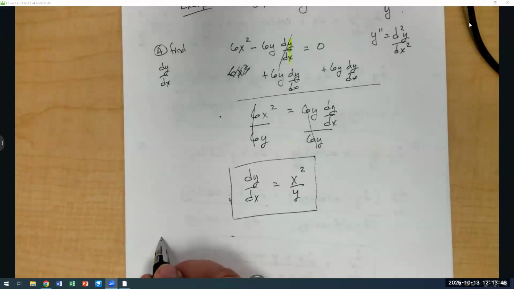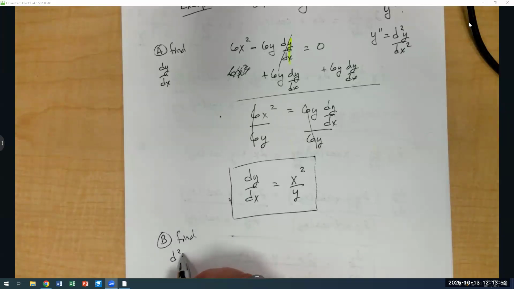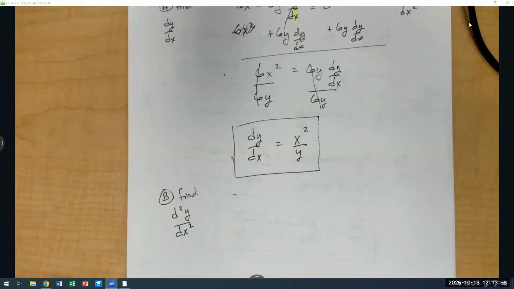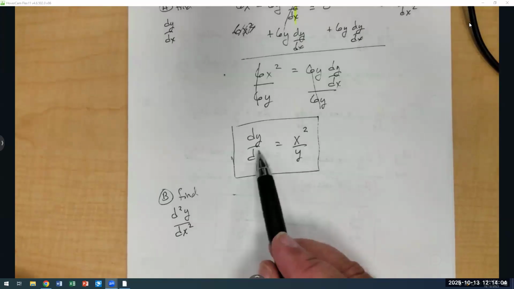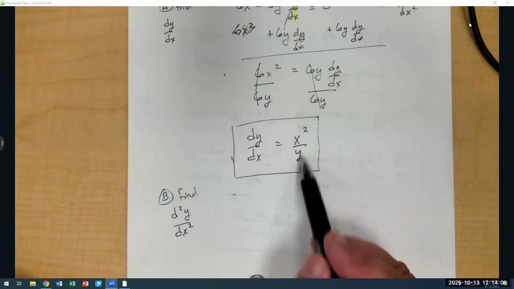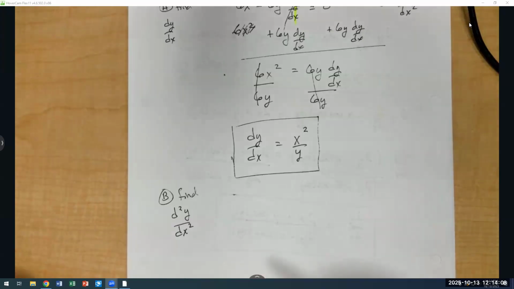Now for part B, phase two, I've got to find the second derivative of this previous one. Obviously, since this is a fraction, I have to use the quotient rule.